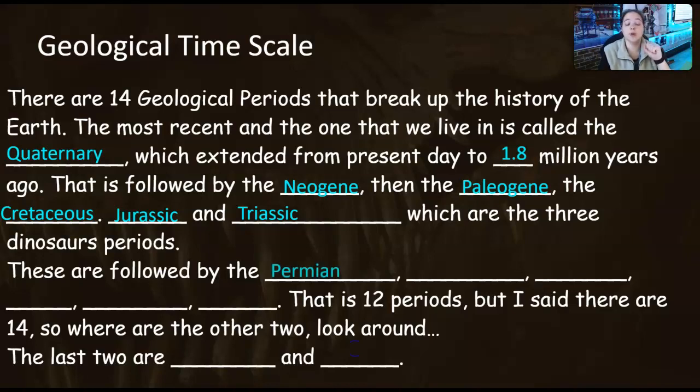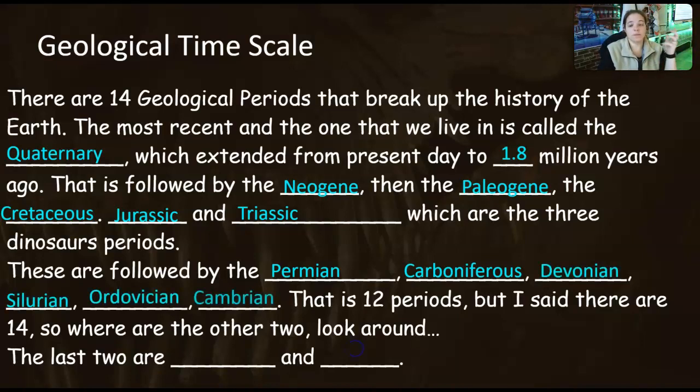Before that, you have the Permian, and one that is split into two micro periods, but we're going to clump them together and use the term that is given for both of them. So we're going to call it the Carboniferous, knowing that it has micro periods of the Mississippian and the Pennsylvanian inside of it. Then you have the Devonian, the Silurian, the Ordovician, and finally the Cambrian.